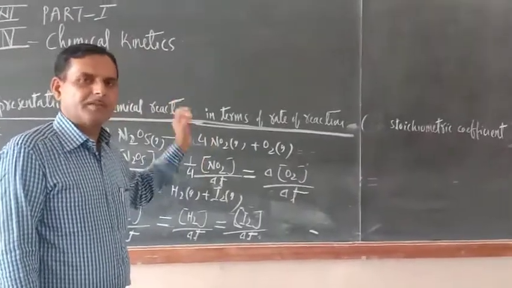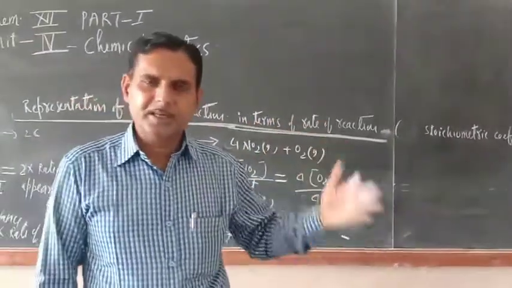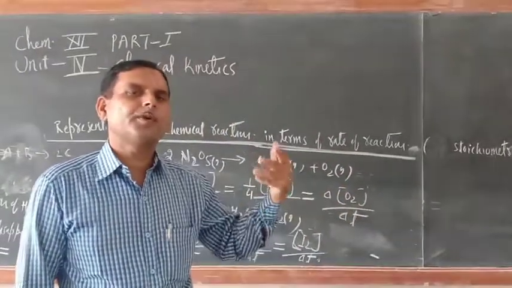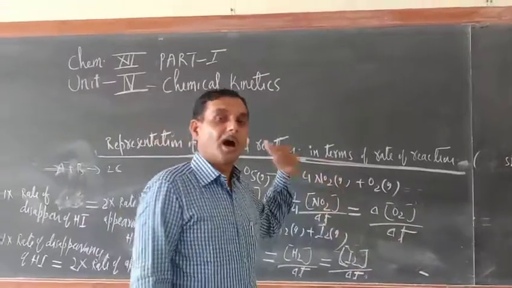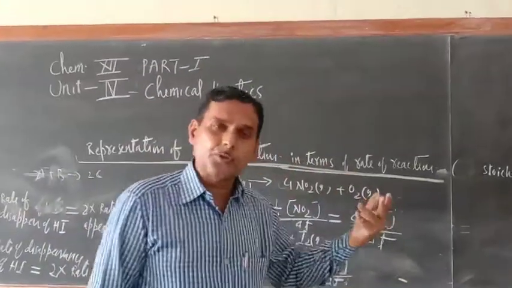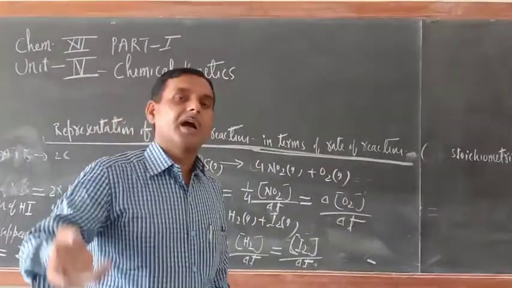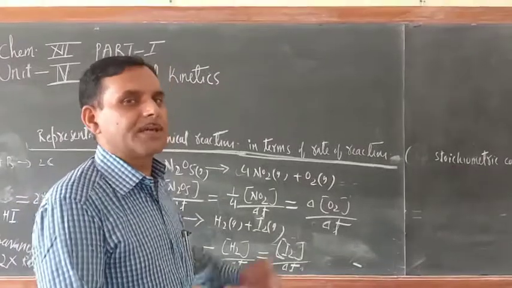But remember what chemical kinetics is, what the rate of reaction is, why a minus sign should be put before the concentration of reactant, how to represent the chemical reaction without stoichiometric coefficients, and how to represent it with stoichiometric coefficients. You learn these.